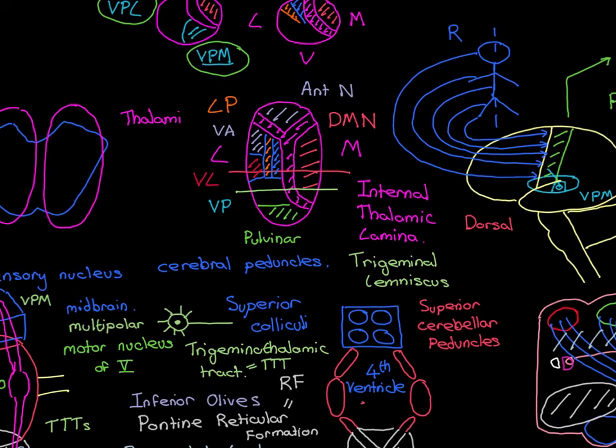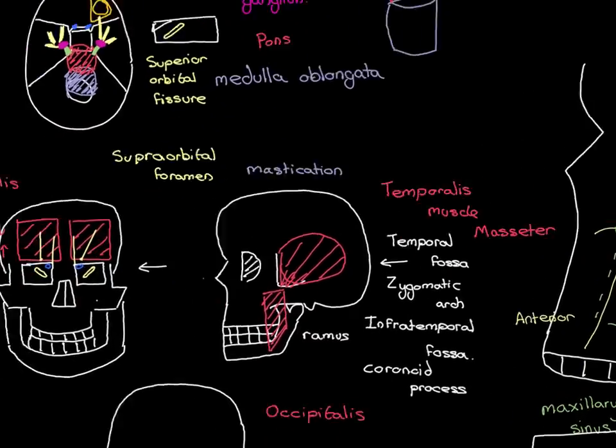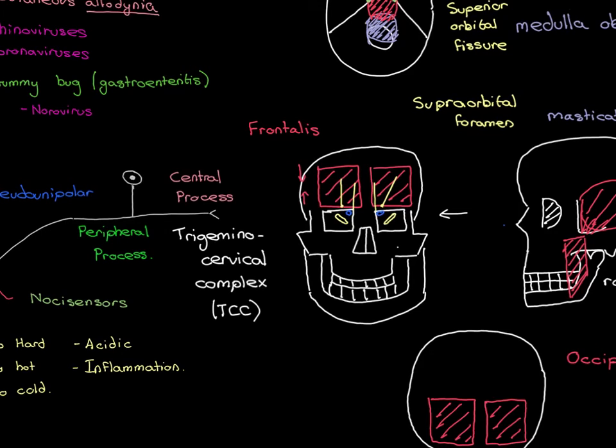We haven't got to the stage where we can yet understand the thing that we were initially trying to understand, which, if I go all the way back, is the trigeminocervical complex. We are close. The trigeminal sensory nuclei are one of the components of the trigeminocervical complex.